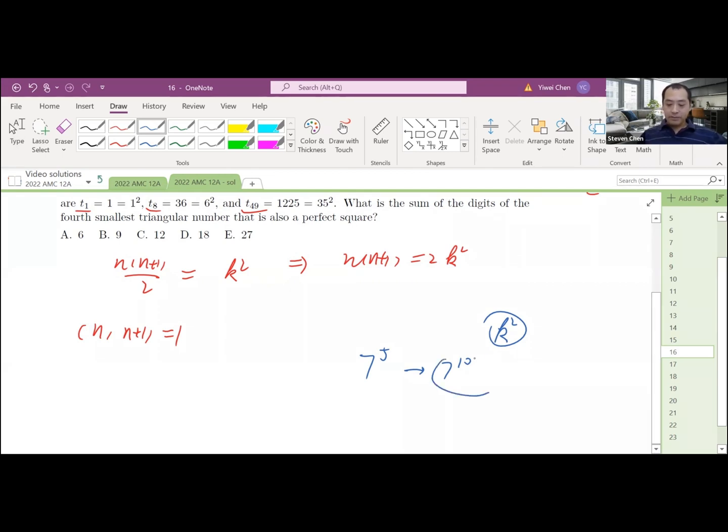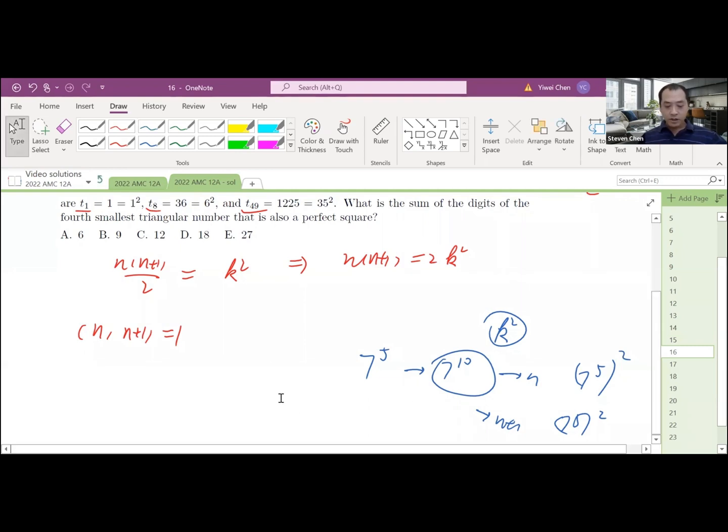For example, if we put this 7 to the power of 10 into n, then n has a perfect square factor, which is the square of 7 to the fifth. Or if you put 7 to the power of 10 into n plus 1, then n plus 1 also has a perfect square factor. So this is a very important observation.